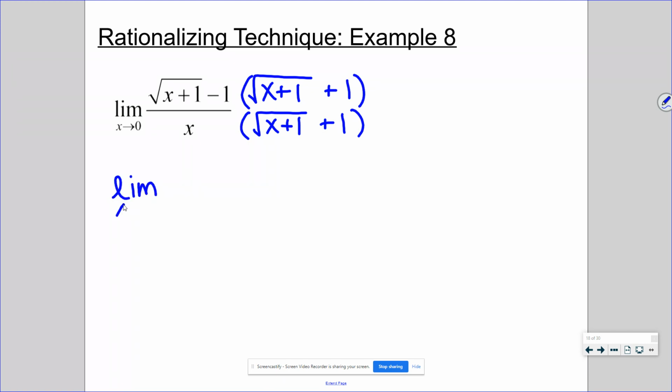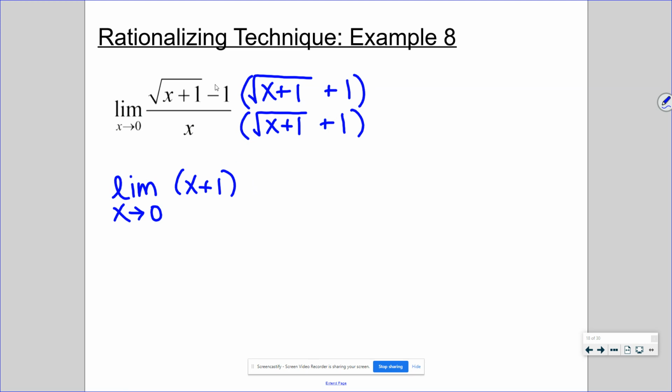As I'm working, I'm going to explain why I'm doing this. I'm doing this because I want to algebraically modify my expression because the way it looks right now, I can't do anything with it. So I'm trying to come up with something that I can actually work with.